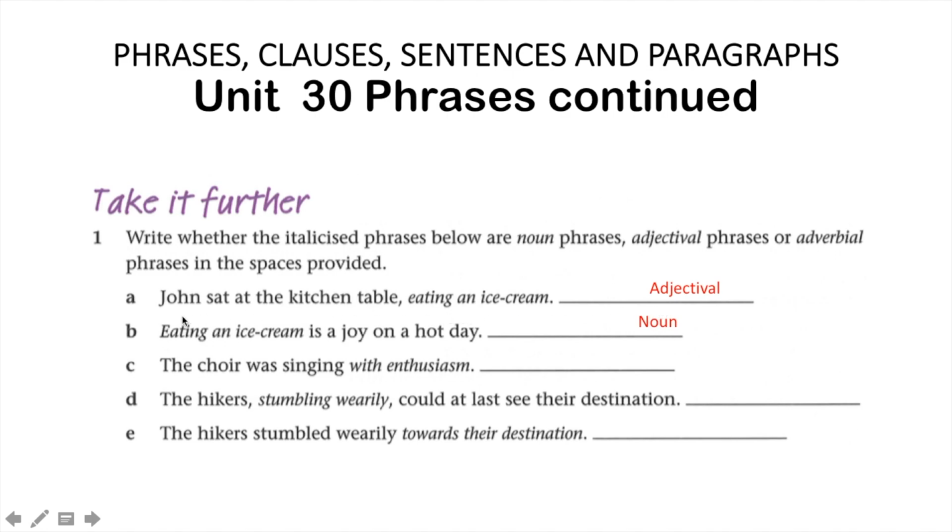For the first one that reads, John sat at the kitchen table eating an ice cream, the information that is italicized is an adjectival phrase. For the next one, eating an ice cream is a joy on a hot day. It's describing the ice cream, so therefore it's a noun phrase. See how you go with the others.